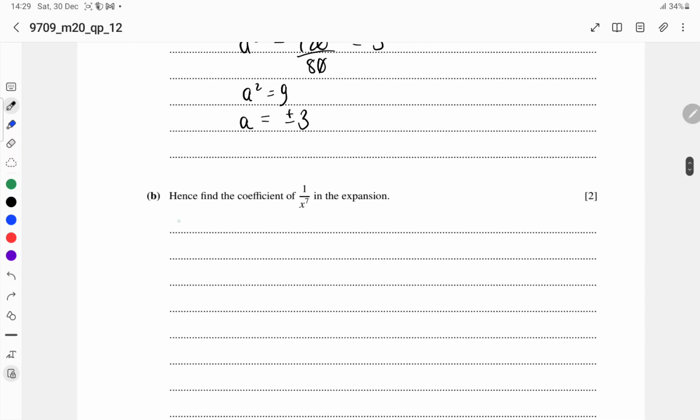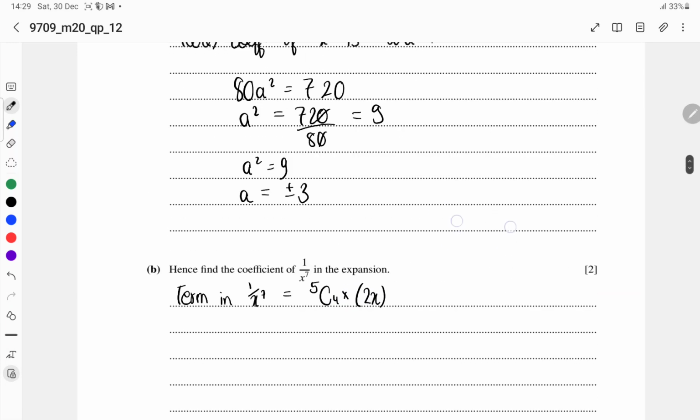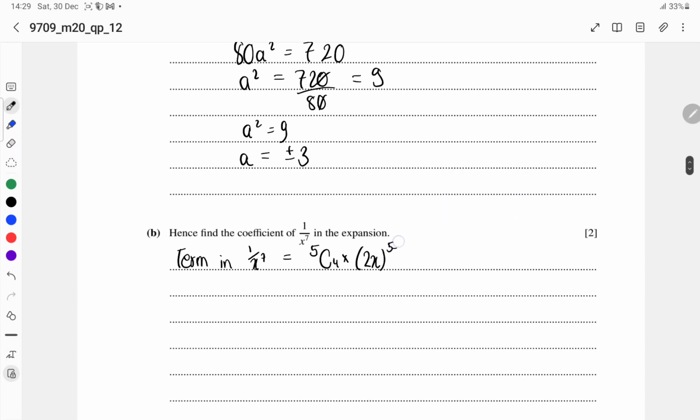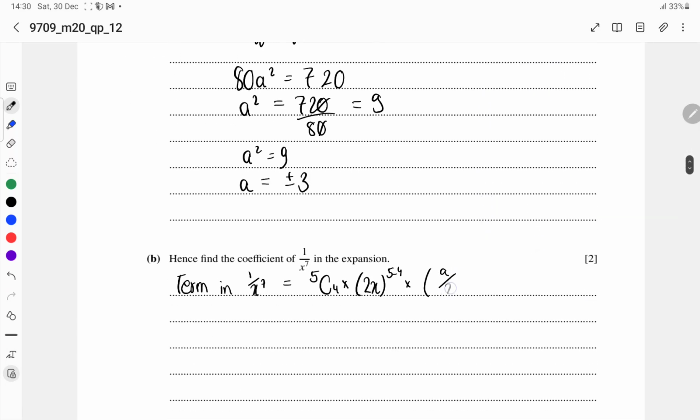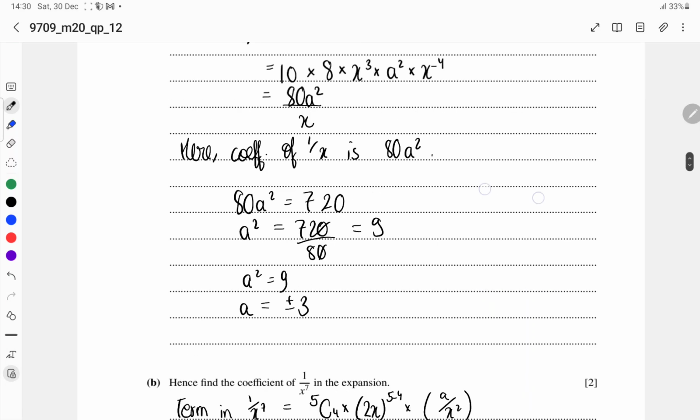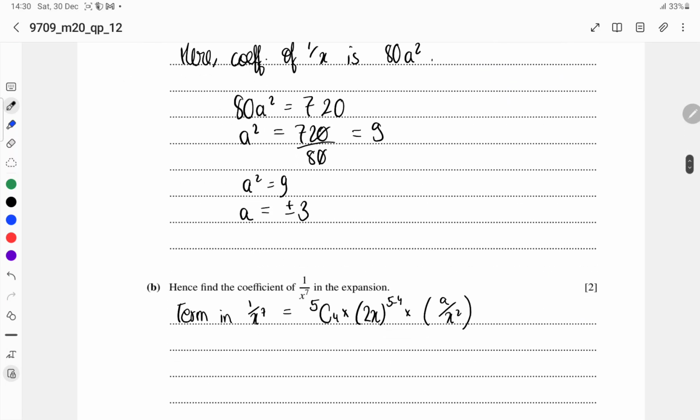So the term in 1 by x to the power 7 will be given by 5C4 times 2x to the power of 5 minus 4, and then a by x squared to the power of 4, right?